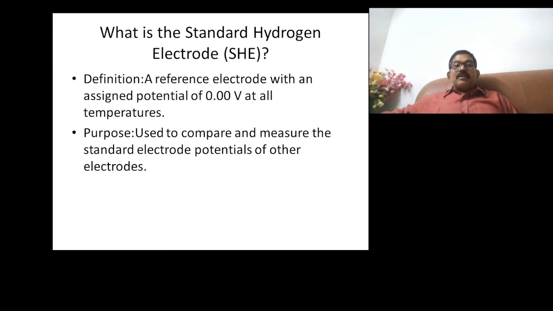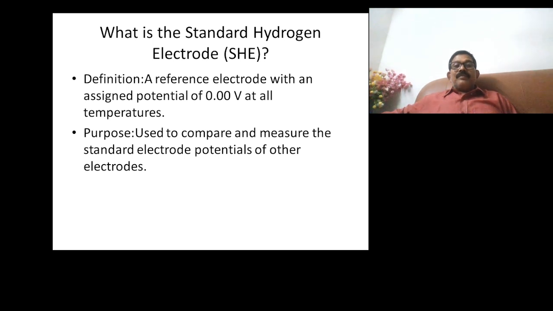What is standard hydrogen electrode? The standard hydrogen electrode is a reference electrode basically with an assigned potential of 0.00 volts at all temperatures.